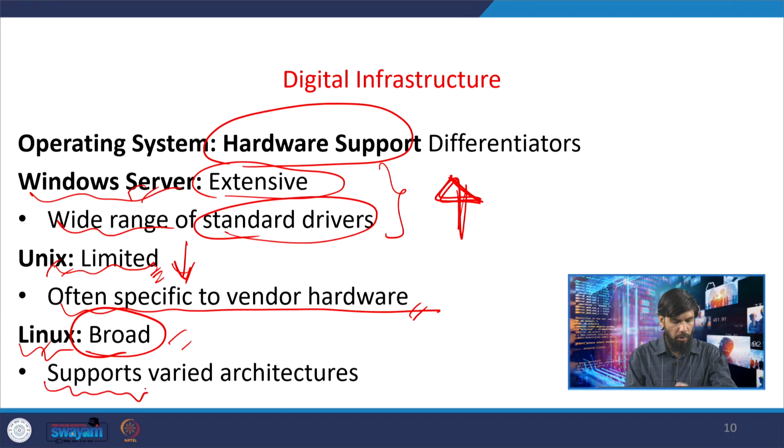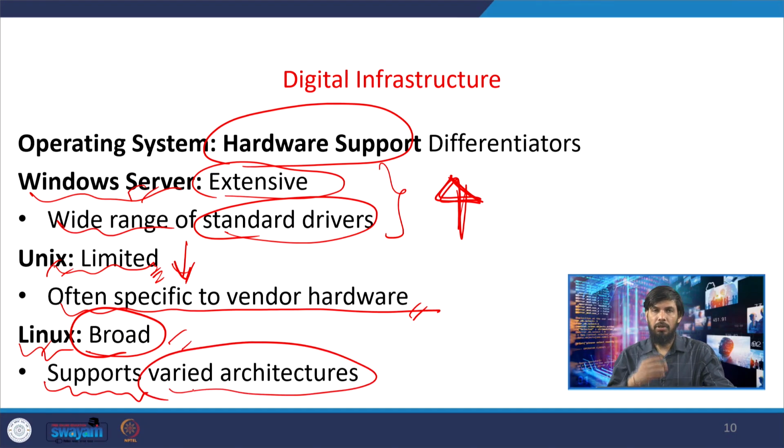So this also supports varied architectures, and because Linux is open source software, there is an open source community which is continuously contributing to it, and therefore the footprint of Linux is also quite big across organizations, across countries.